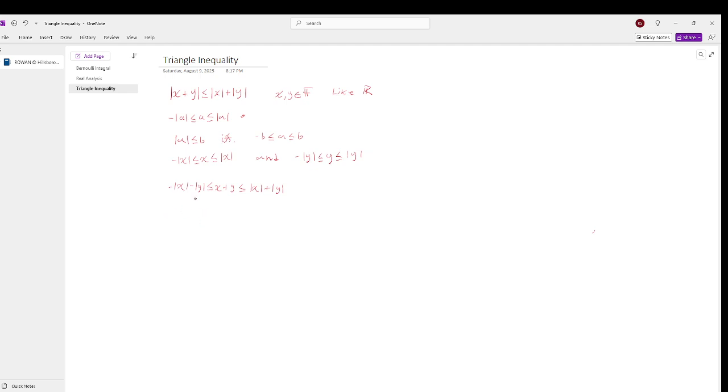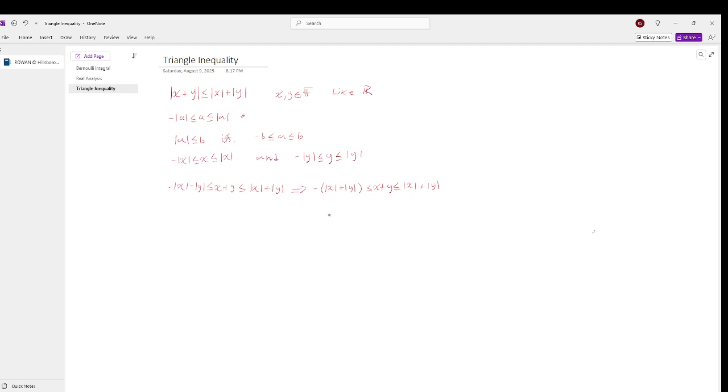What we're going to do now, let me do it over here actually, factor out a negative 1, so we get negative times the absolute value of x plus the absolute value of y is less than or equal to x plus y is less than or equal to absolute value of x plus absolute value of y.